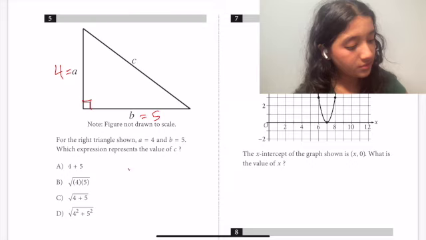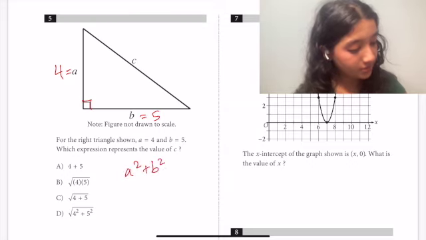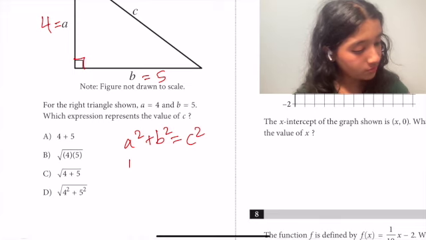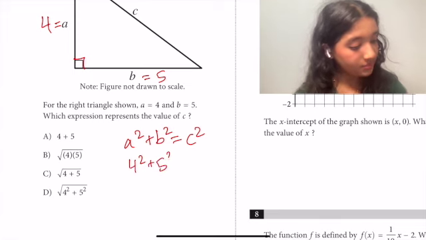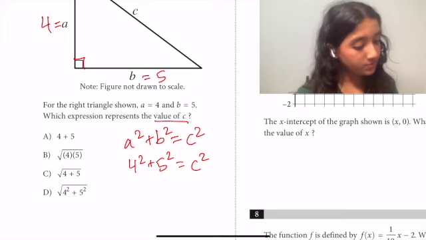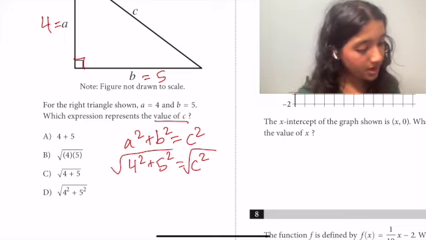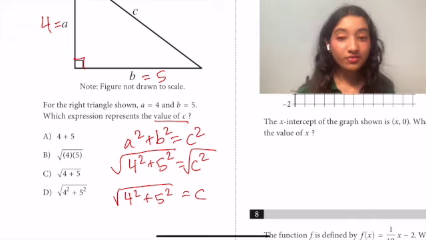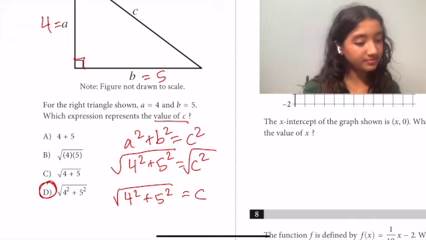So we know that a squared plus b squared is equal to c squared. So that means that 4 squared plus 5 squared is equal to c squared. However, we just want an expression for the value of c. So if we take the square root on both sides, we get that the square root of 4 squared plus 5 squared is equal to c. And this is equivalent to option D.